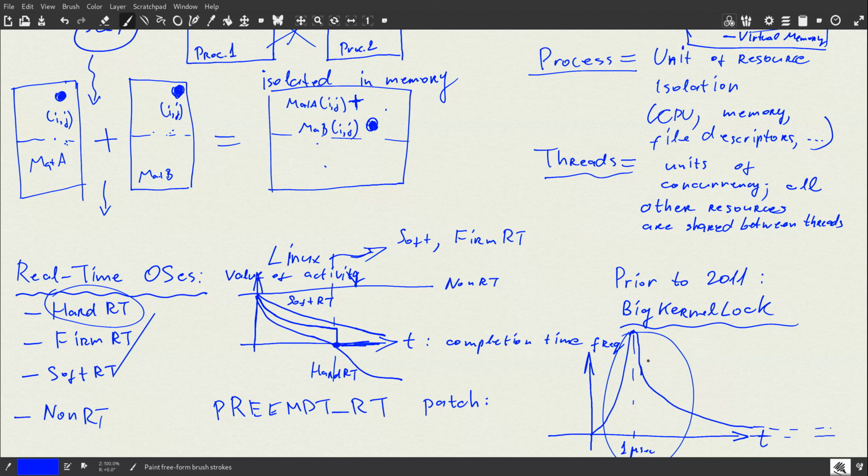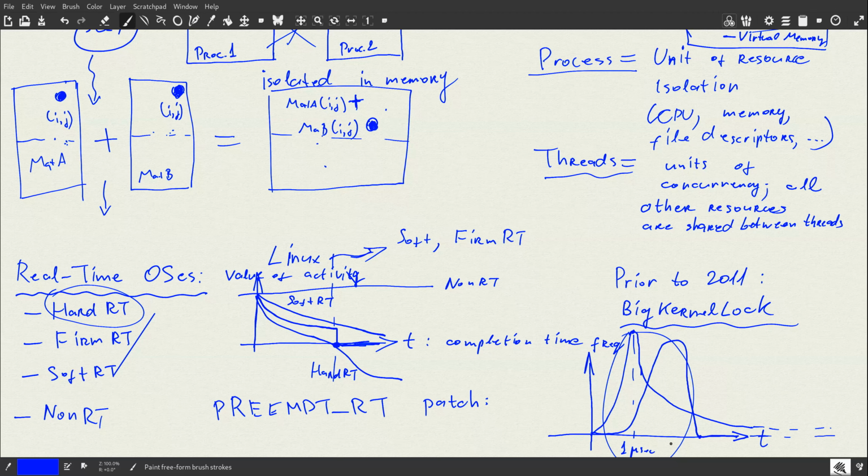On the other hand, if we apply this preempt-RT patch to our Linux kernel, and then again measure this type of distribution over, let's say, data of the same size, we may observe behavior of this type.